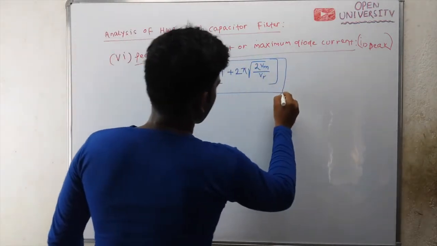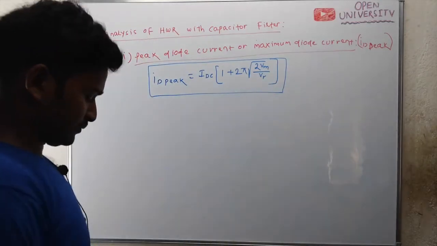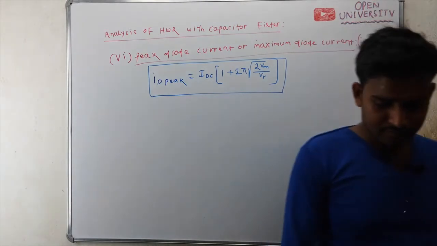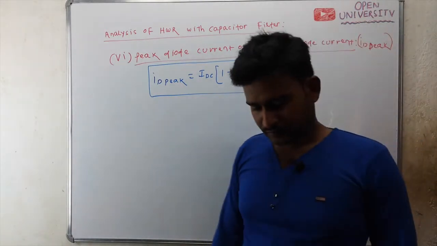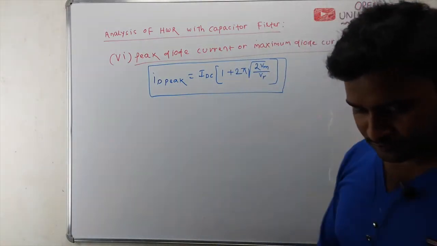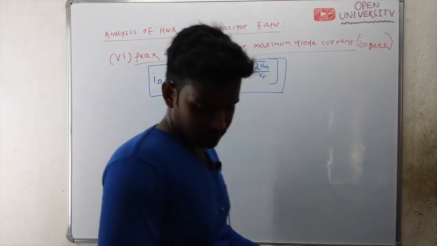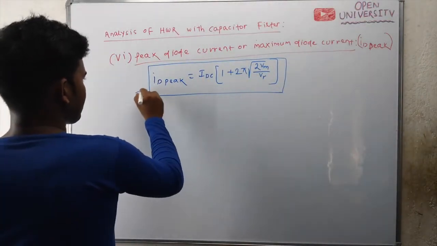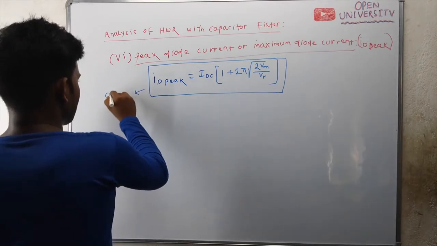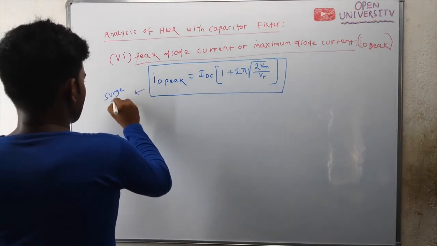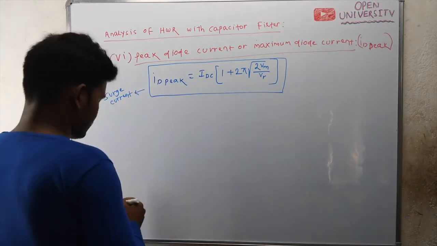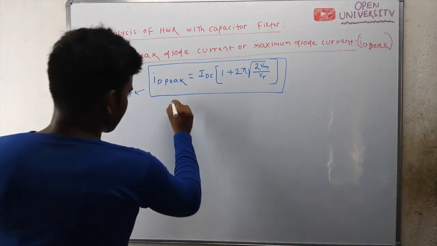This is the peak diode current formula. This peak diode current is also called as source current of the diode. Now draw one graph.